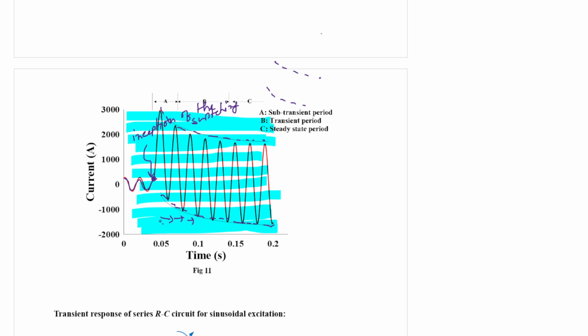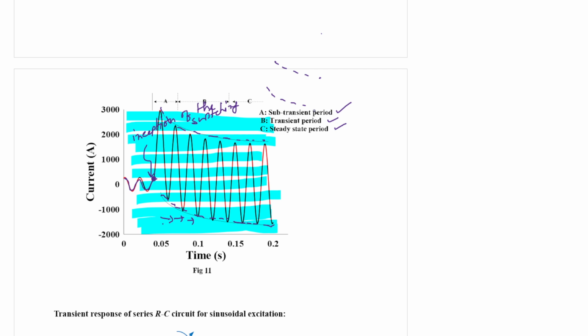The more you move away from the inception of switching, the effect gets reduced and it will be damped out quickly. This entire time can be split into three parts: the subtransient period, the transient period, and the steady state period.